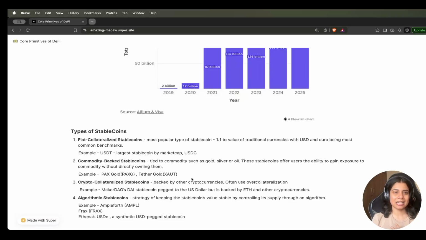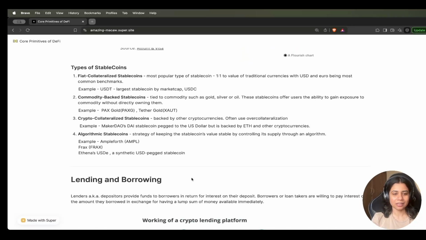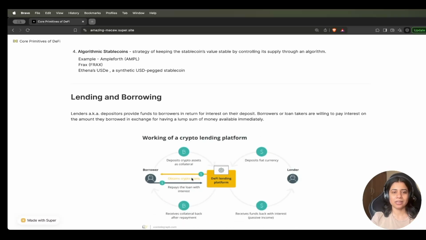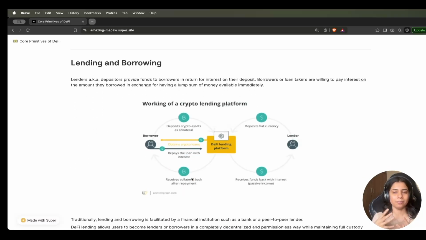The next primitive is lending and borrowing. Lending and borrowing is very similar to how we do it in the traditional finance space. We have lenders, and what I mean by that is they are depositors who have extra funds and want to earn interest on top of their funds.